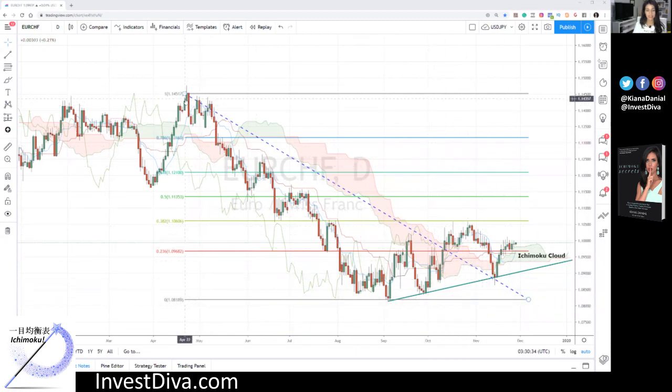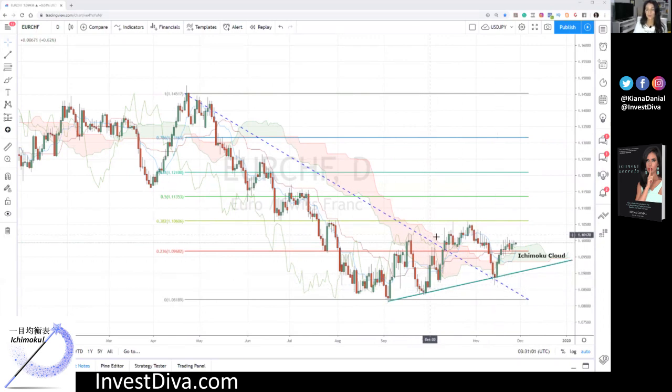Now, what happened is that after this downtrend bottomed out, the pair has been struggling to find a very strong bullish momentum. In fact, it hasn't been able to. But one thing that we do have going on for Euro Swissy is that it has been forming higher lows. The lows are going higher and higher again.